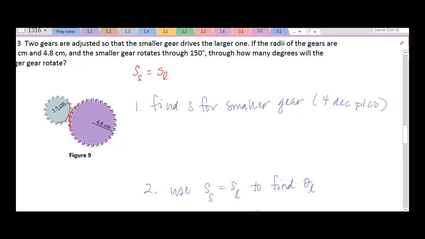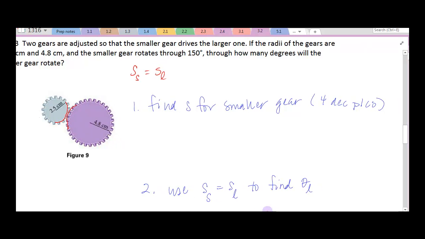So we're going to break this down into a couple of steps to be able to figure it out. First of all, I need to figure out what the arc length is for the smaller gear, because I'm given the radius. I know that the radius of the smaller gear is 2.5 centimeters, and I know that the smaller gear rotated 150 degrees.